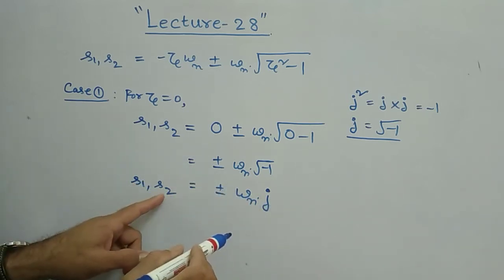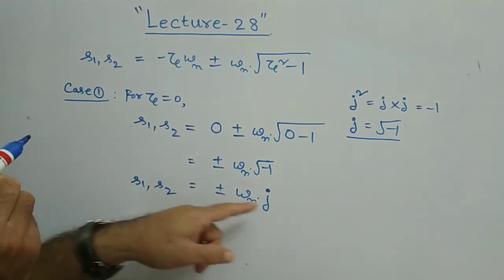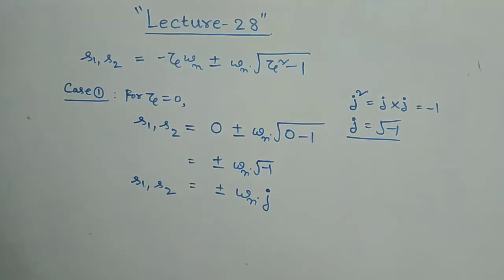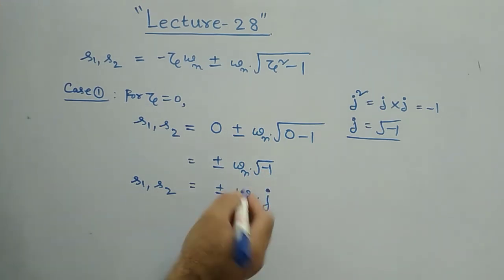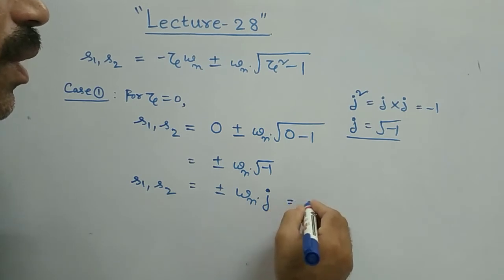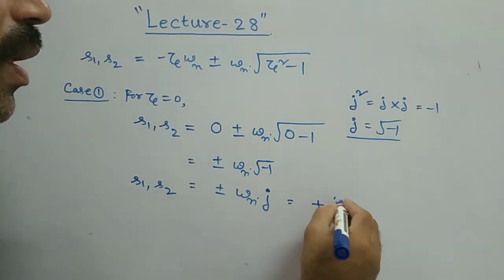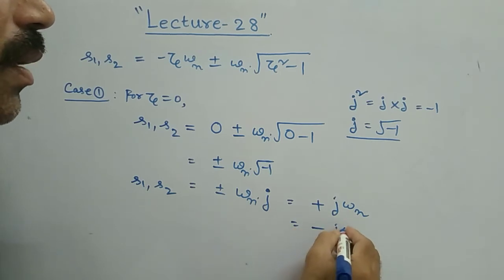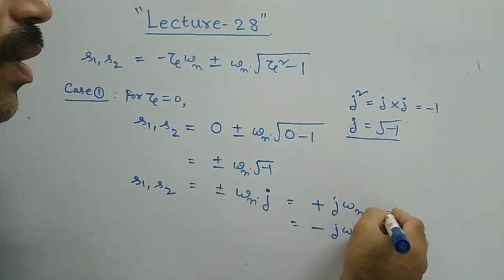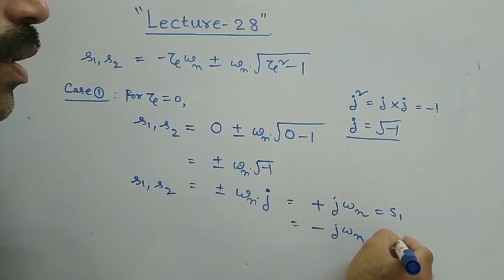Similarly for S2 consider the minus value, that is minus j omega n. One root is plus j omega n and the second root is minus j omega n. This is what your S1 and S2 are.